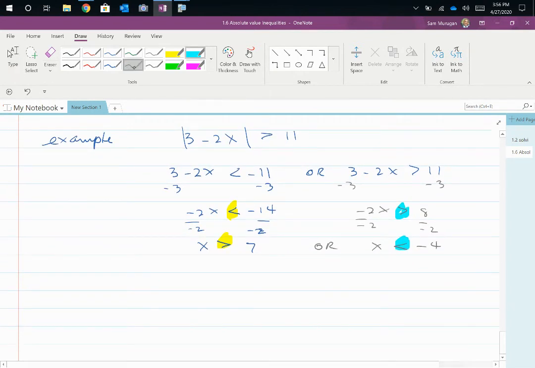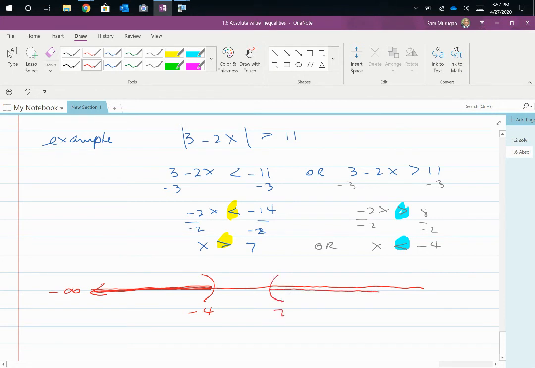So I'm going to recommend that we draw a number line here first and see what they're talking about. They're saying that x is all of the values that are less than negative 4, so to the left of negative 4, and all of the values to the right of positive 7, greater than 7.